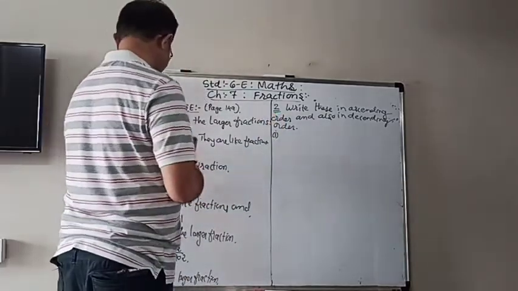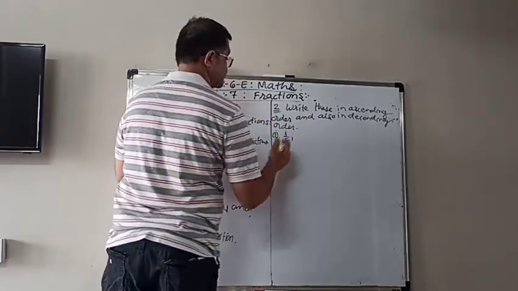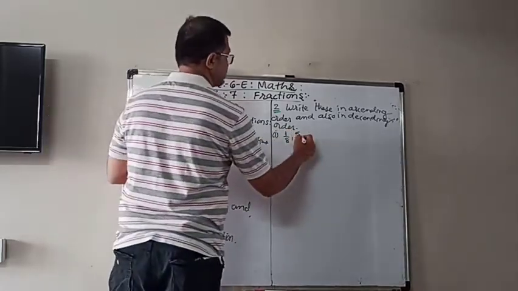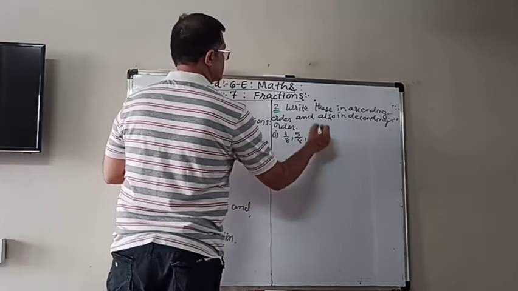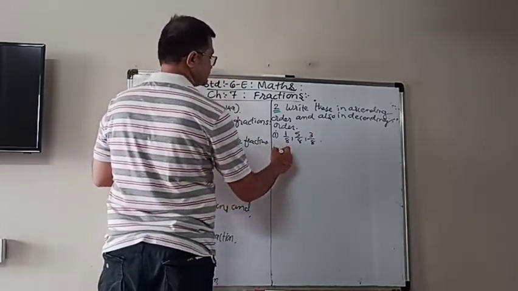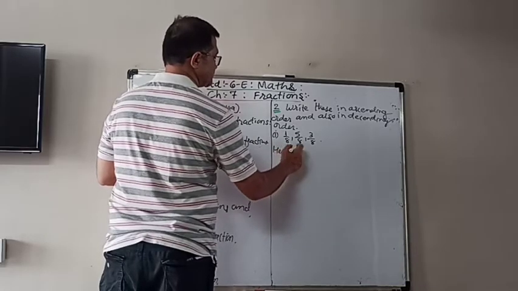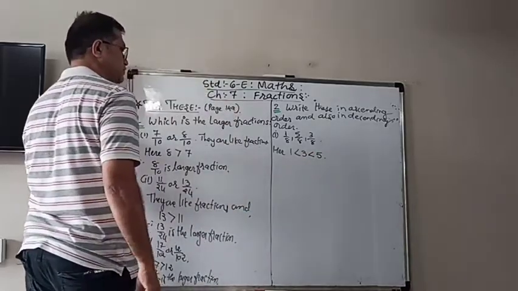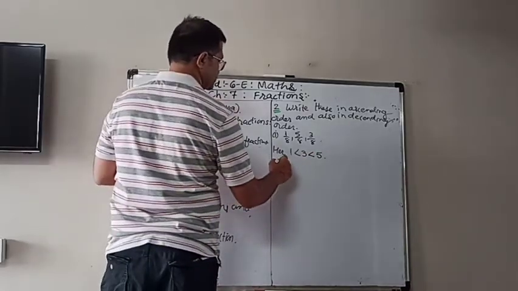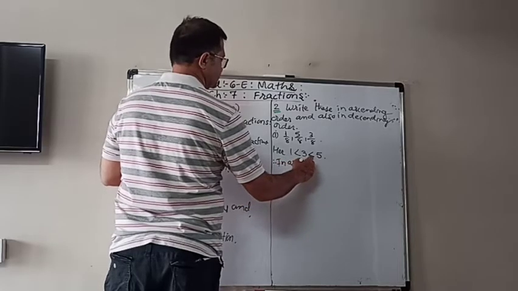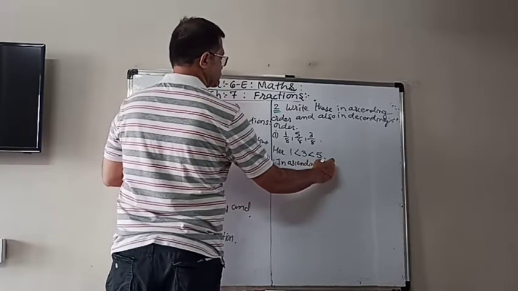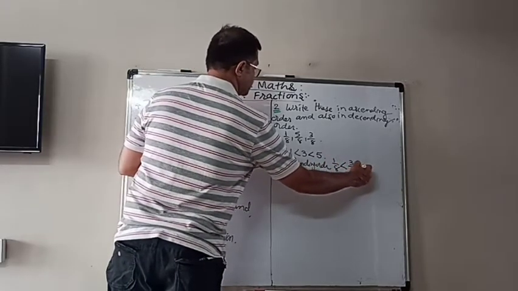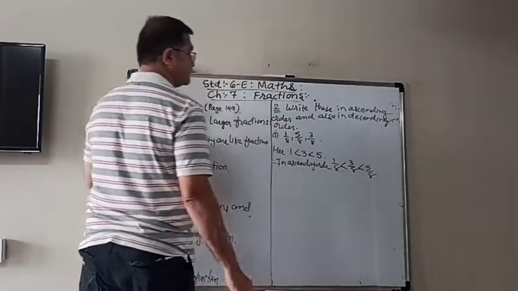The first is 1 upon 8, then 5 upon 8, and then 3 upon 8. So here 1 is less than 3 and 3 is less than 5. Therefore, in ascending order, 1 upon 8 is less than 3 upon 8 is less than 5 upon 8.